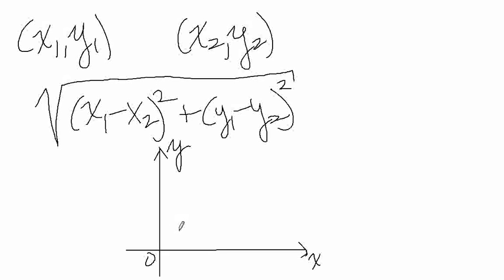So let's say that the point with coordinates x1 and y1 was located right here. And let's say that the point with coordinates x2 and y2 was located right there. And let's therefore make it clear that we want to find a formula for the distance between those 2 points, or the line segment that I've drawn with those 2 points as its endpoints.